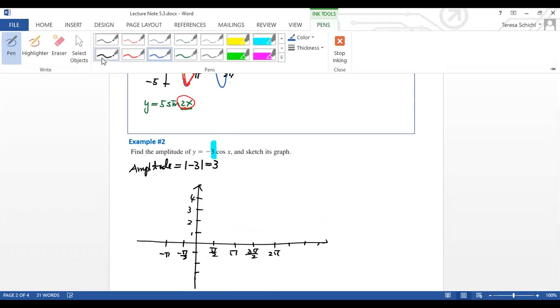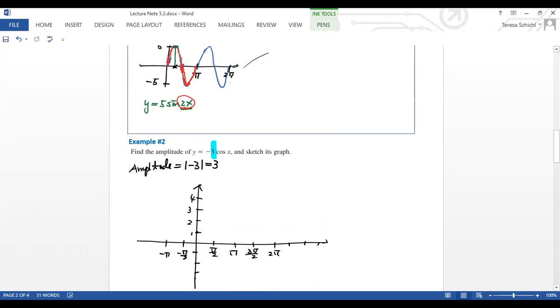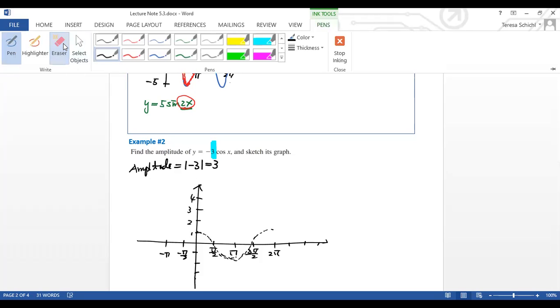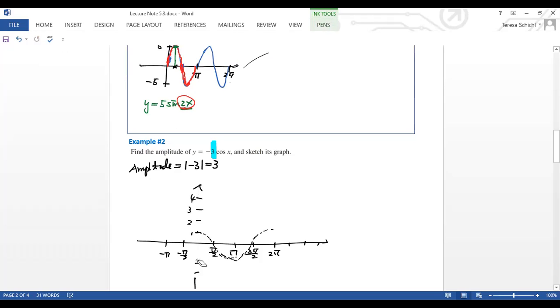Let's start with my parent function. I always draw the negative side a little too small, so it's not equal, something like -1, -2, -3, -4.